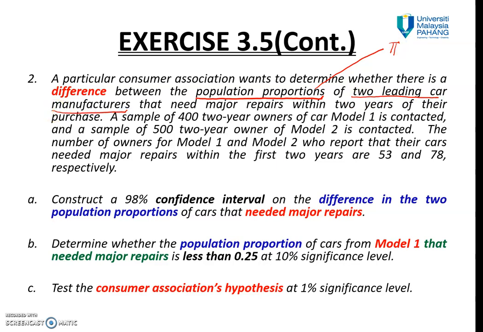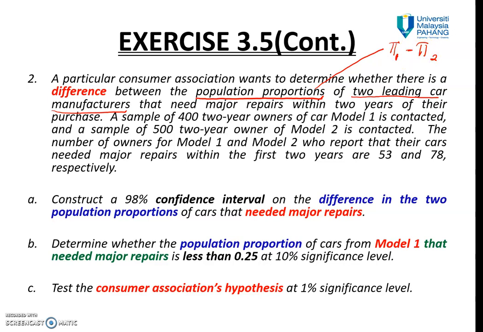So here they want to see the difference between the population proportions of two leading cars. So you have two populations, because you want to see whether there is a difference or not. You might have population 1 here, or population 2, the difference. Okay, this is just the beginning.